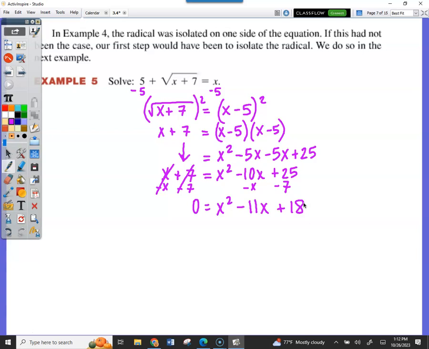We have a quadratic. A is 1. Let's check and see if it factors. Factors of 18 that add up to negative 11: -9, -2. And since A is 1, when you go to do your AX, you should find there's nothing that will reduce.